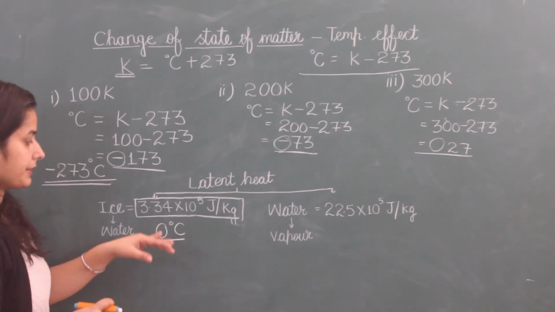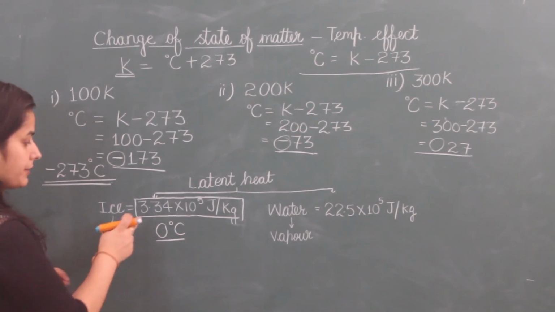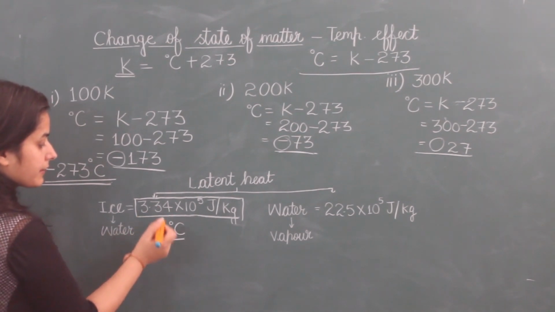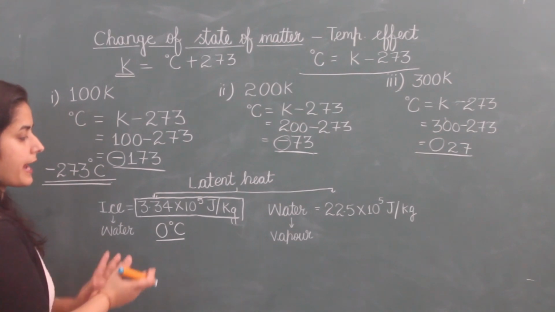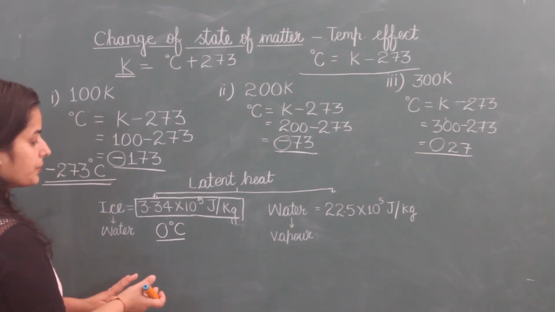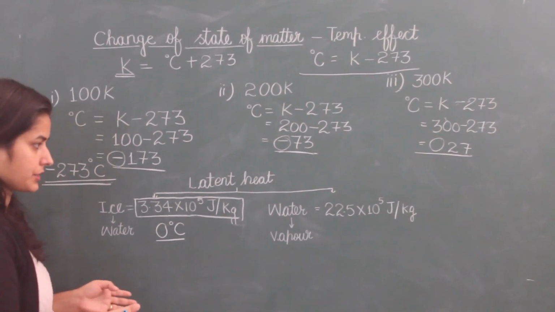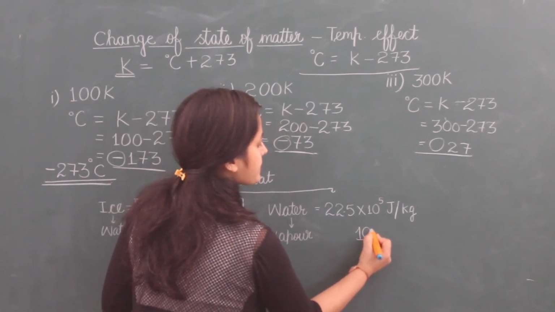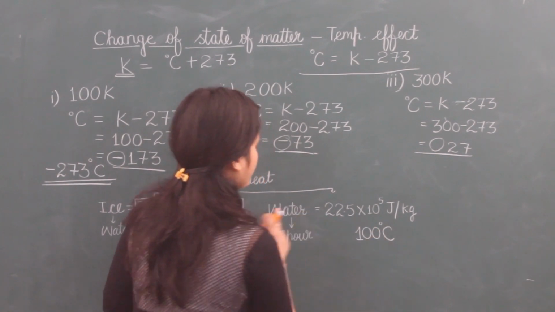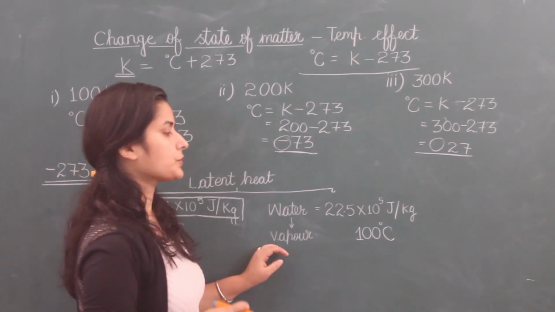After that, if we are giving more heat than this, then its temperature starts rising 1 degree Celsius at a time, and this way it will increase up to 100 degrees Celsius continuously. Now at 100 degrees Celsius, this water starts to convert into vapor.